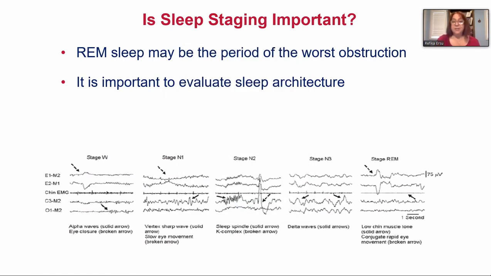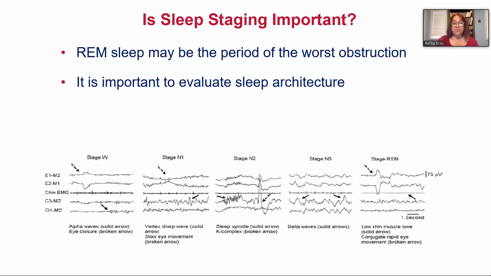Is sleep staging important? It's important to know if the child had enough REM sleep, the period where the worst obstructive events happen for children. And the studies in children show that there is a first night effect, although it's not a great effect on sleep disordered breathing.